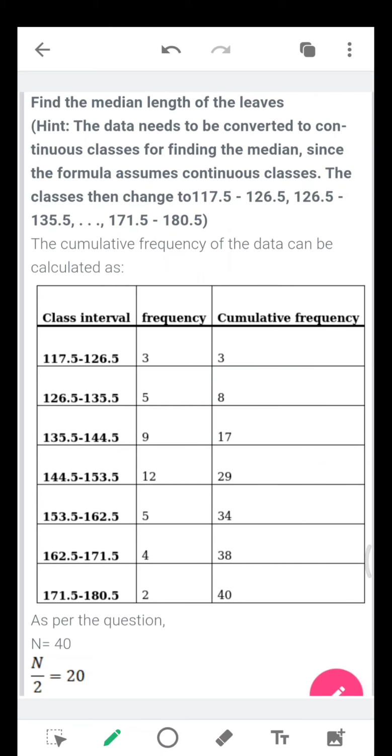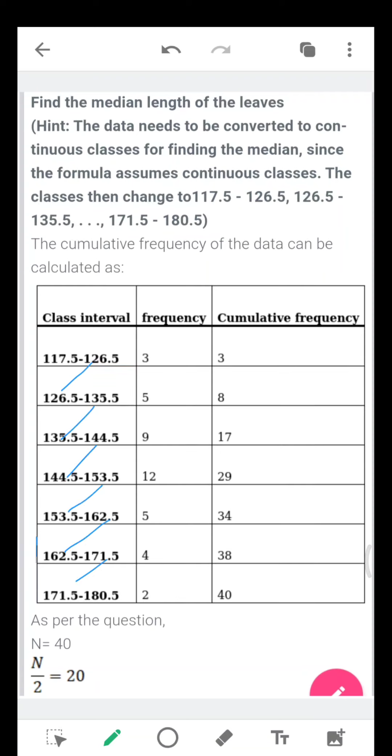So we are subtracting 0.5 from all the lower limits and adding 0.5 in all the upper limits. So now after doing this, all the classes will automatically get converted into continuous. You can see 126.5, 126.5, 135.5, 135.5.